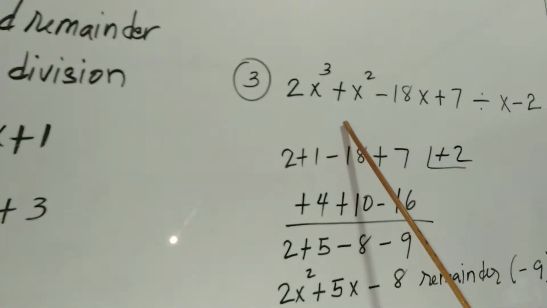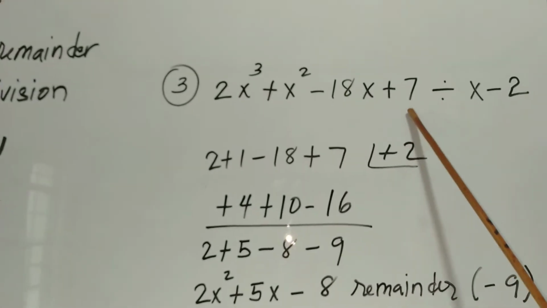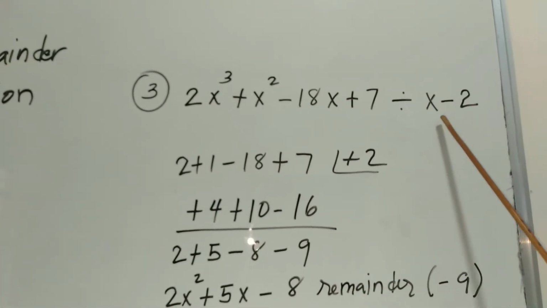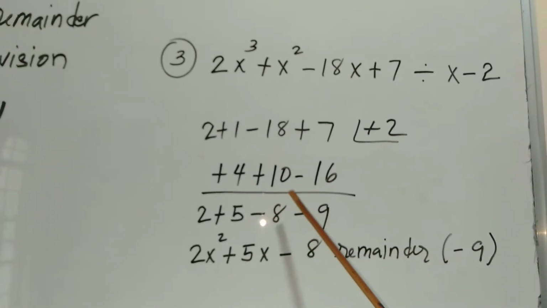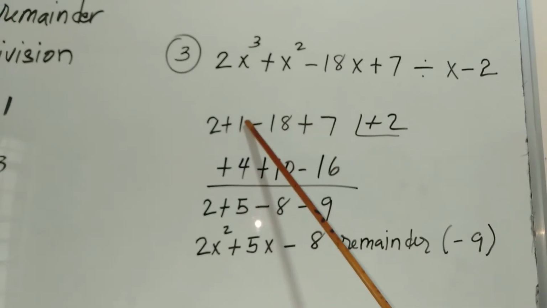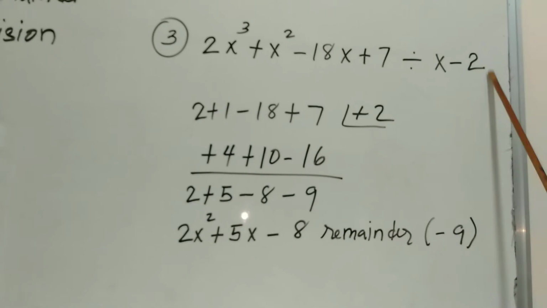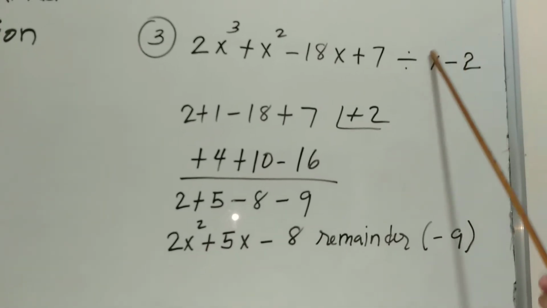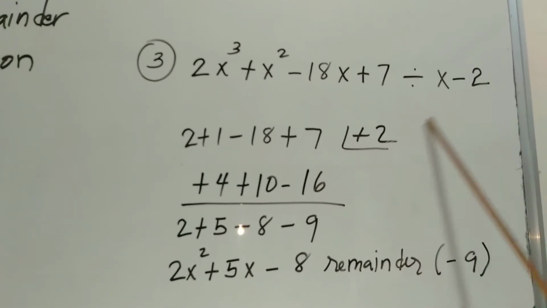For number 3, we have 2x cubed plus x squared minus 18x plus 7, and you divide it again by x minus 2. Similarly, we just copy the coefficients: 2, 1, negative 18, 7, and then we change the sign of the constant of the divisor from negative 2 to positive 2.